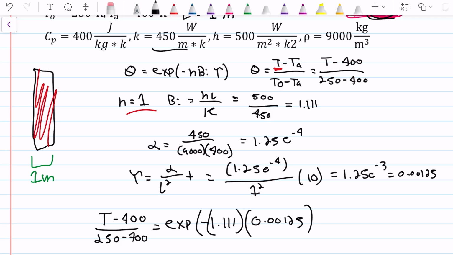Okay, let's plug this into our calculator. So the two numbers in the exponential multiply together, e to that number.